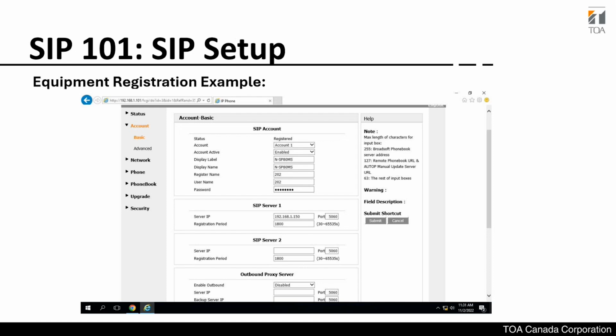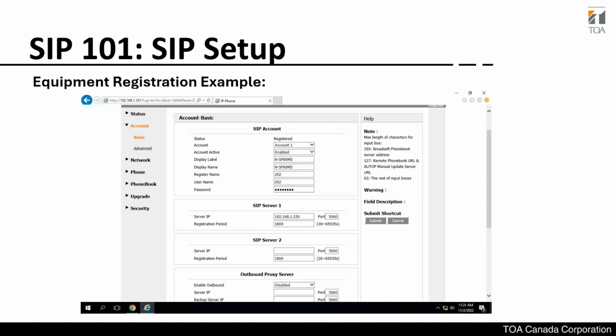In this equipment registration example, we see our master station, the N-SP80MS2. In the web interface menu, you navigate to Account and Basic, and you see the SIP account settings. In this case, we're using just a local SIP server and extension number 202, and you can see the status is Registered.